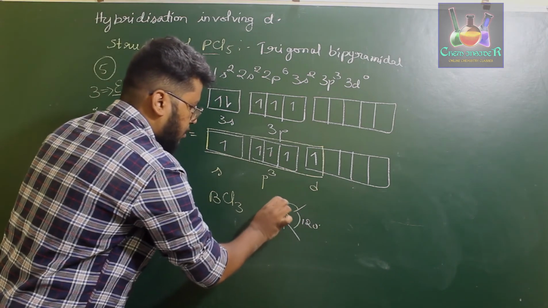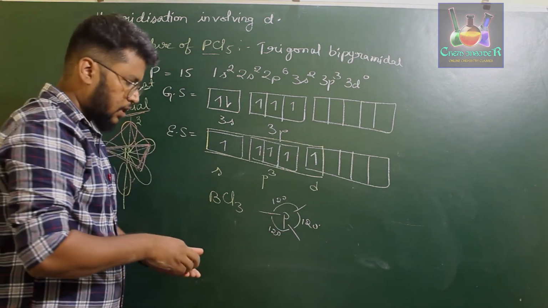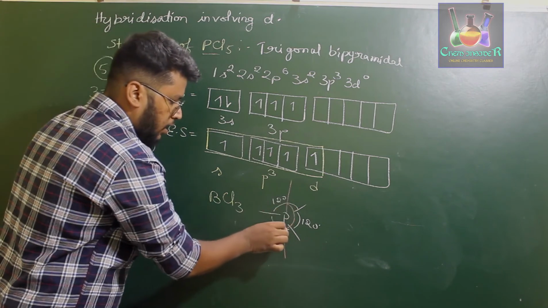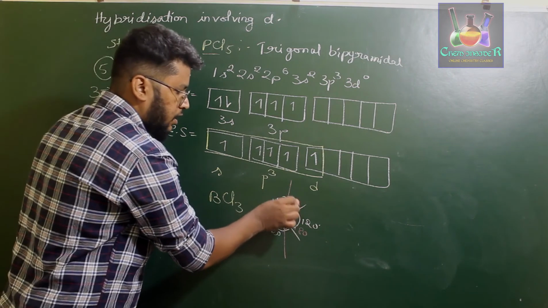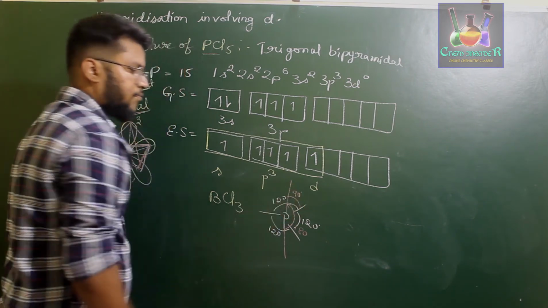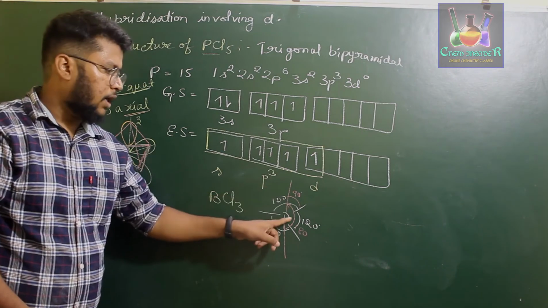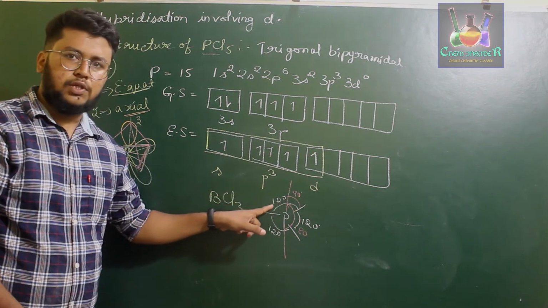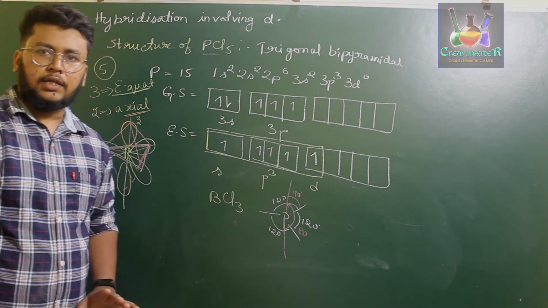The 2 orbitals in the axial position have an interbond angle of 180 degrees, and the bond angle between an axial bond and an equatorial bond will be 90 degrees. The bond angle of 2 equatorial bonds is 120 degrees, and the bond angle of 2 axial bonds is 180 degrees.